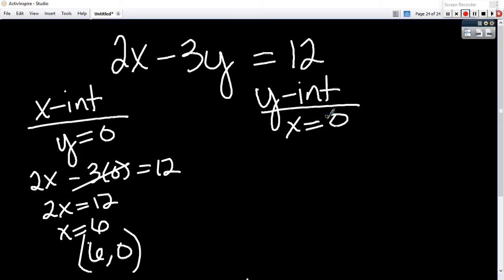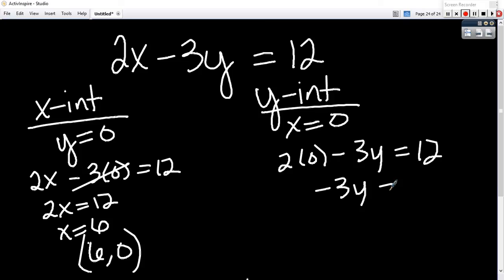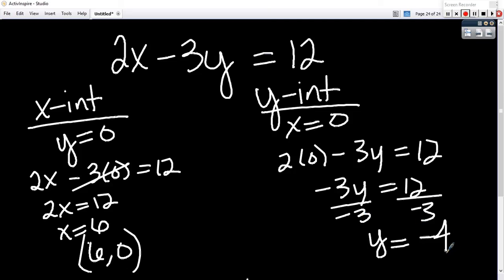Now the x is 0, so it's 2 times 0 minus 3y. Watch that sign. When you divide by -3, you get what? -4. So the coordinates of the y-intercept, this time it's y, so it's 0, -4.